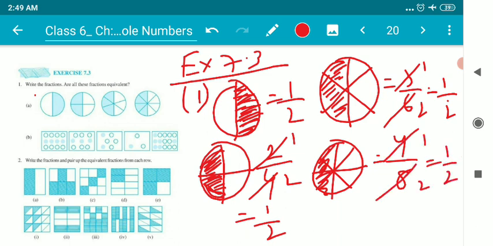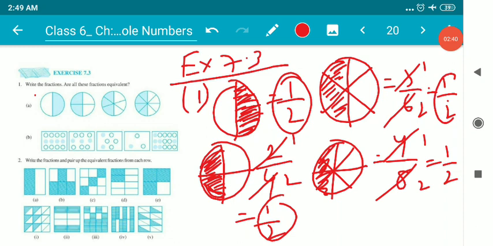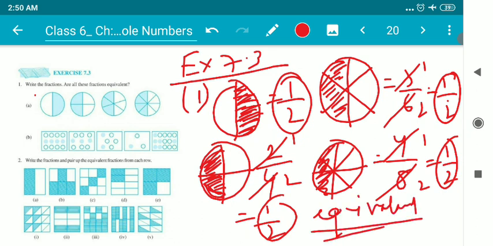It's 1 by 2 only. So children, as we all can see, everywhere I'm getting 1 by 2, 1 by 2, 1 by 2 and 1 by 2. That means all the fractions are resulting 1 by 2. So they are all equivalent fractions. So I believe it's clear to everybody, children. This is how we have to find out all the fractions over here.